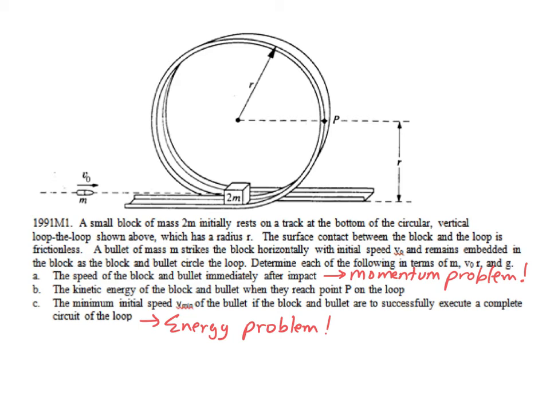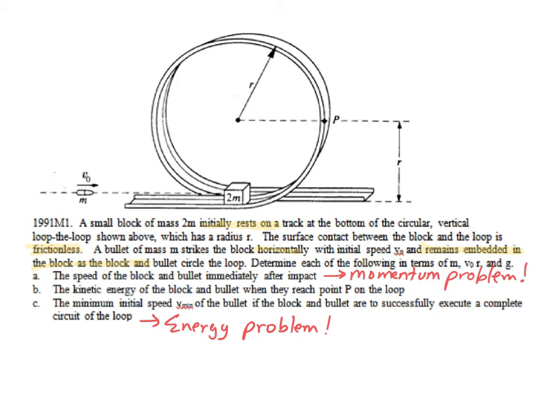It's initially at rest, so you highlight some of this stuff. The surface contact between the block and the loop is frictionless. That's also important. And it strikes it horizontally with an initial speed of v0 and remains embedded in the block as it goes around the loop. So it asks you three things.